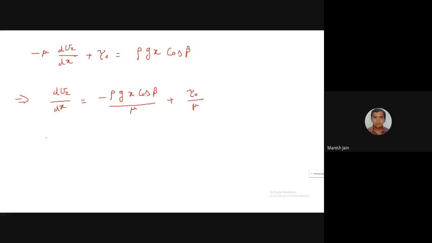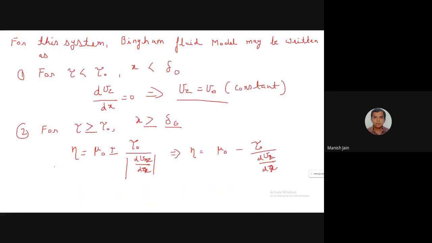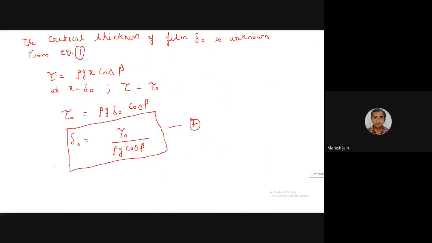Okay, now you have to just integrate this, you will get vz equal to minus rho g x square cos beta divided by 2 mu plus tau naught by mu x plus c2. So c2 is the integral constant. Now you have to take the boundary conditions. So the boundary condition is at x equal to delta, vz equal to 0. Just substitute the x equal to delta boundary condition.